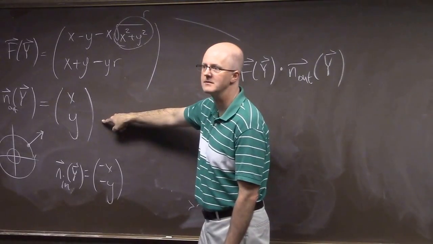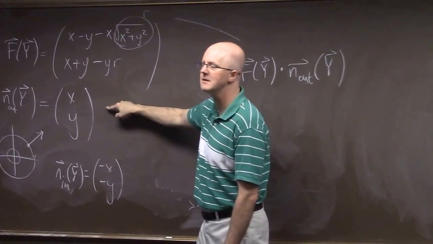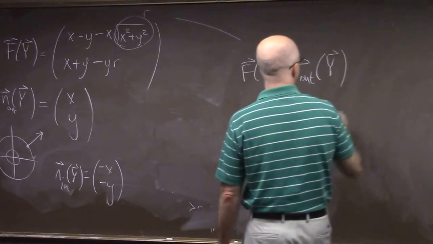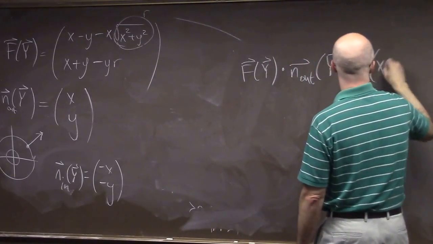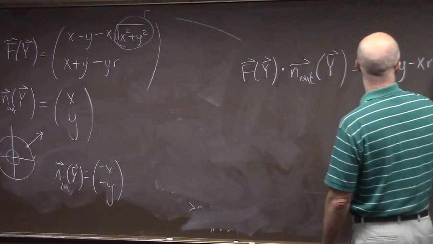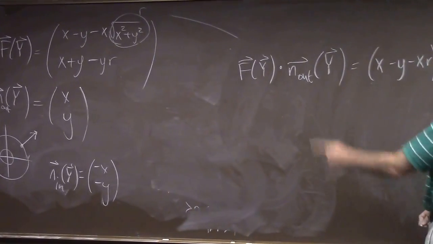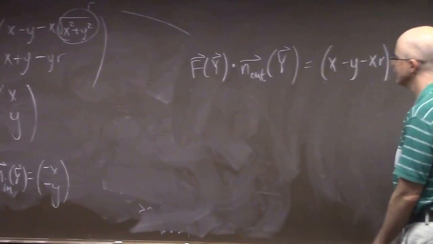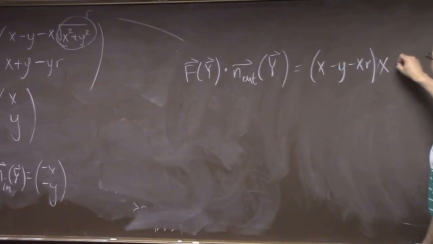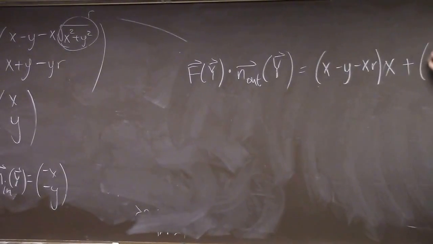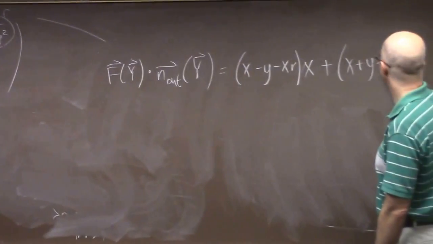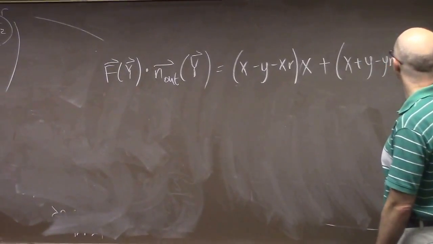That's the dot product, if you've got the components. So I take the first component of f, x minus y minus x times r, and multiply it times the first component of n out, which is x. Add the product of the second components, x plus y minus y times r, times y.